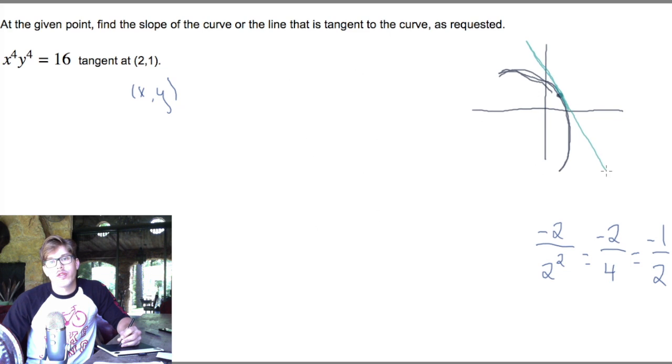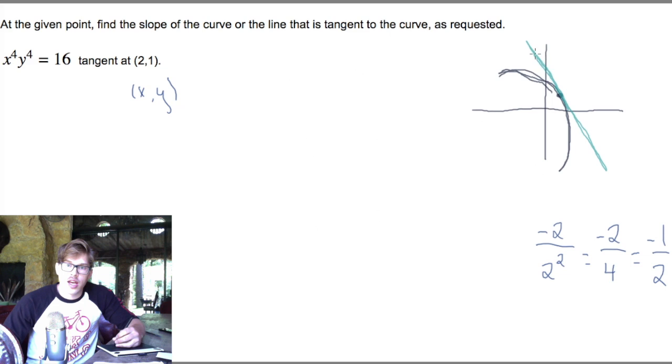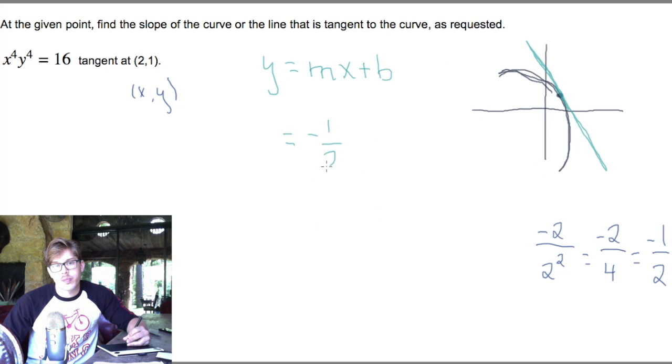Now we just figured out that the slope of this tangent is negative 1/2, but now we need to find the equation for this tangent line. So this is just a line, and so we know that we can use y equals mx plus b. We found our slope. Our slope is negative 1/2. So we have negative 1/2 x plus b equals our y.